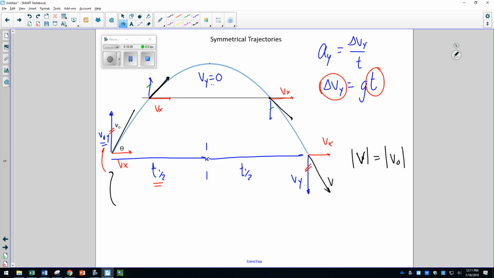It lands at the same speed it was launched with. And actually, this angle and this angle have to be the same too, because they're two equal sides of two similar triangles. There's quite a bit in there, huh? What's nice to be able to talk about is there's still v_x at the top.